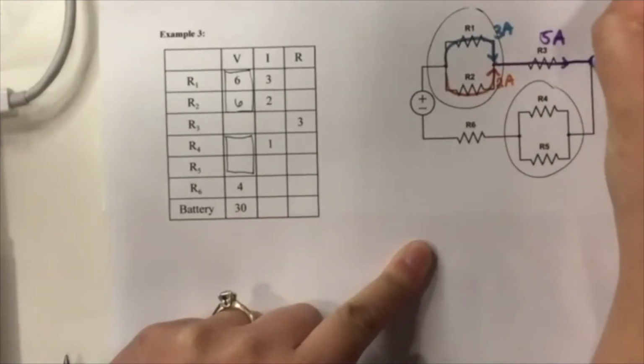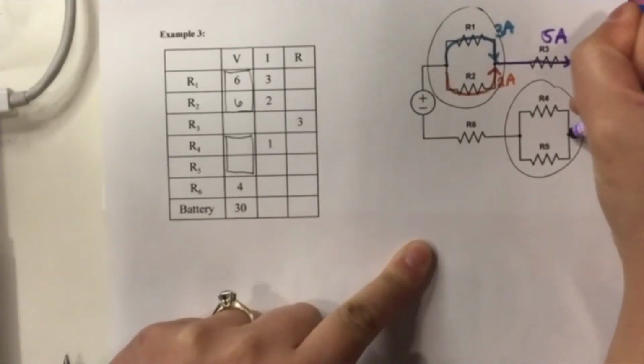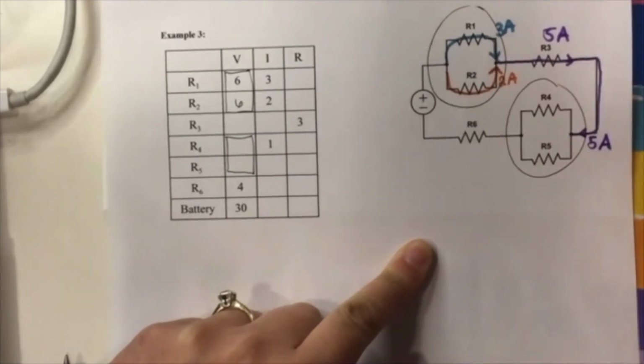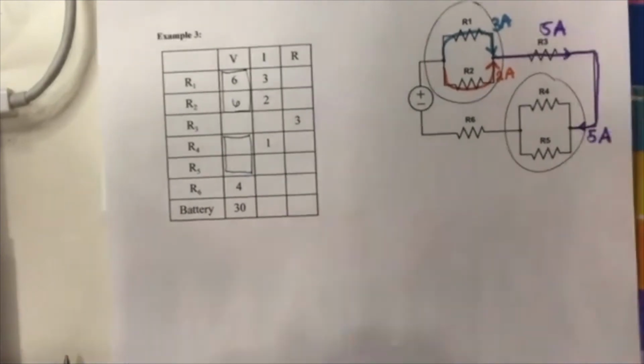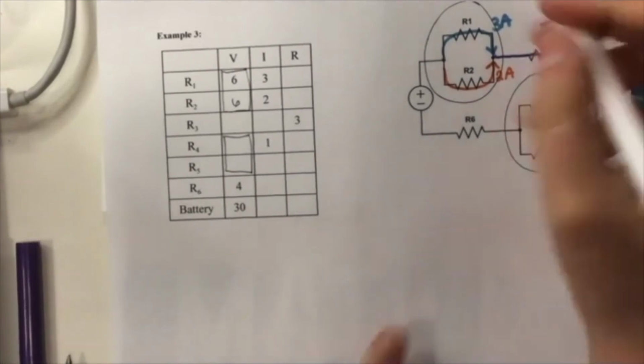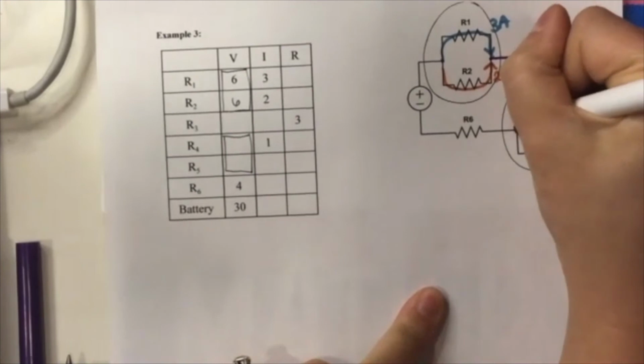That same 5 amps has nowhere to go. It is trapped in this path. So that same 5 amps flows into R4 and R5. There, it splits up. One of the amps goes up through R4.